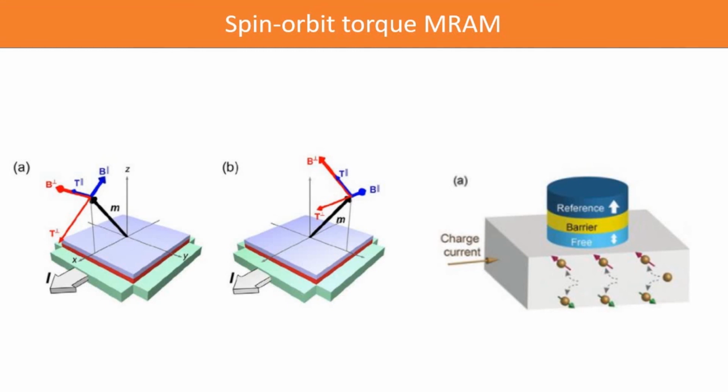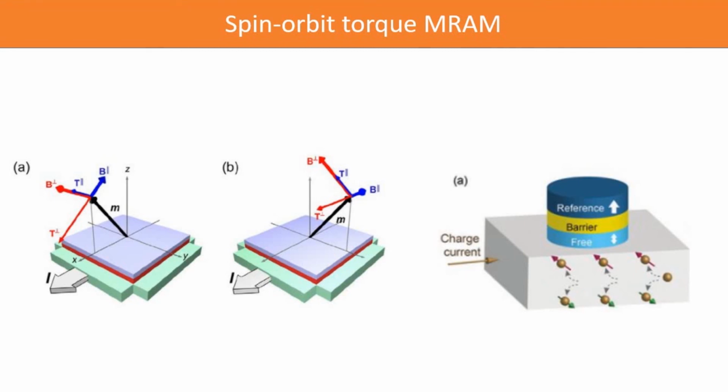Though there is a lot of space for SOT MRAM to improve, it has the potential to challenge STT MRAM, as it is a faster and much more efficient memory technology.